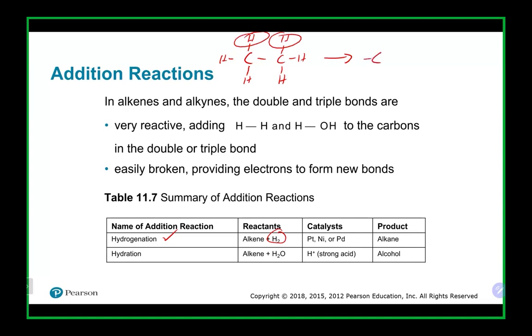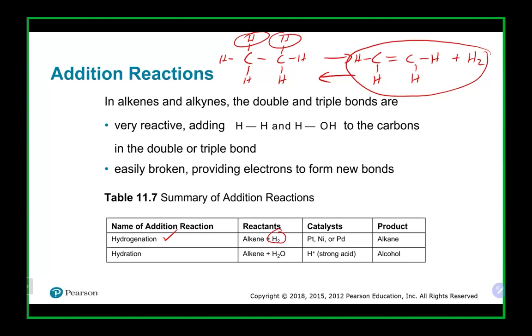And we end up with this. And that means that if we were going in this direction, we're just going to put the hydrogens right back on in the spot where we took them away and make it a single bond. And that's what's known as a hydrogenation reaction.